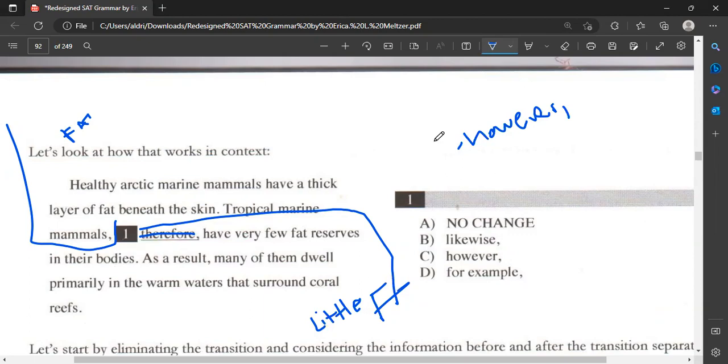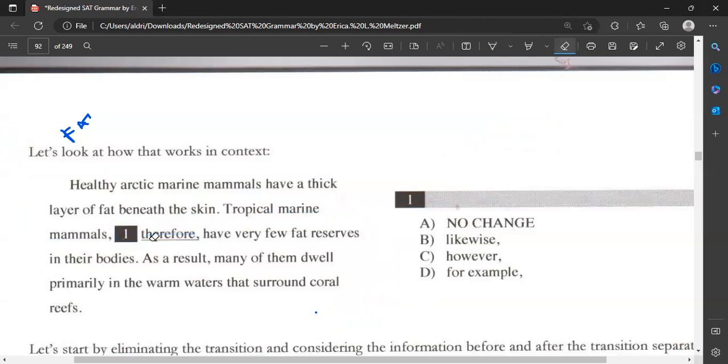So in this case, however, let's try to read. Okay, yeah, let's do this. I didn't see who answered, but yes, C is correct. What I want you to do is try to read this whole sentence without however, because if we put however between two commas, it's pretty much like a non-essential clause, right?